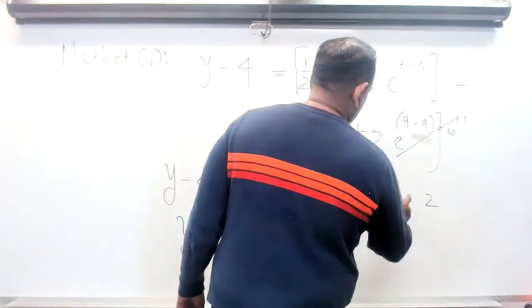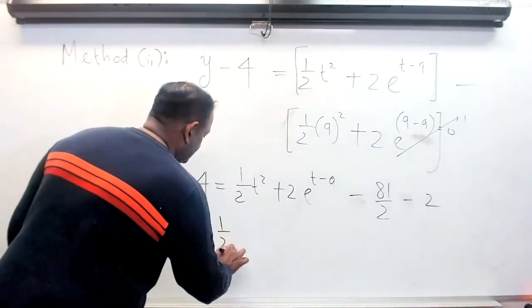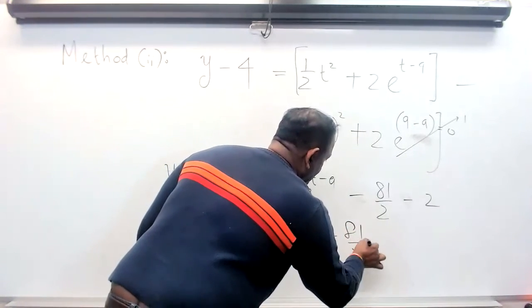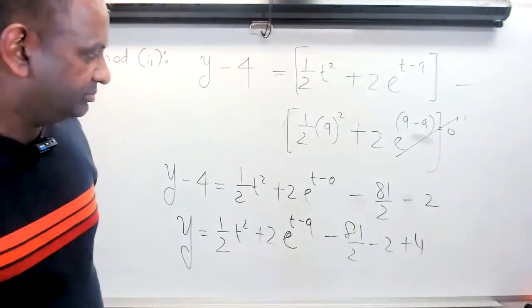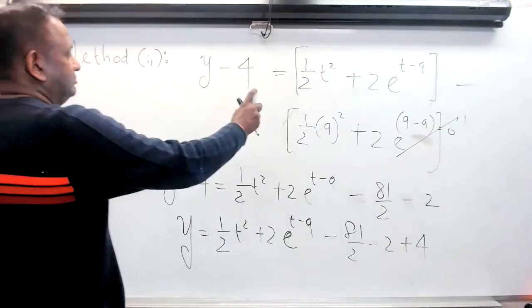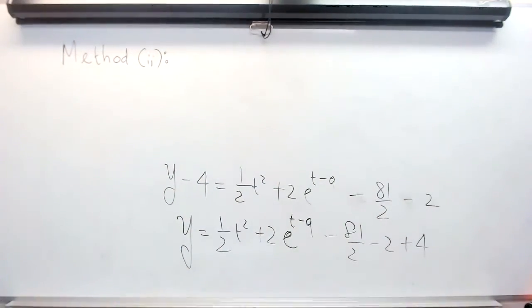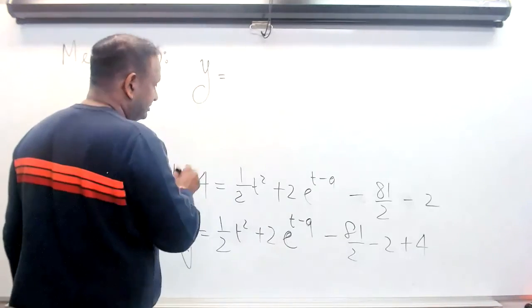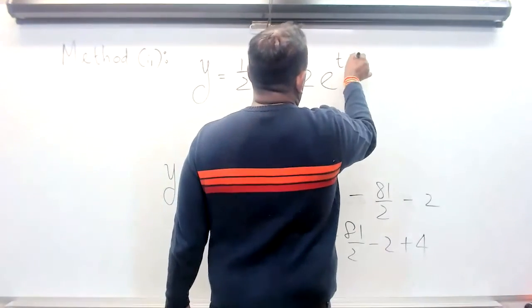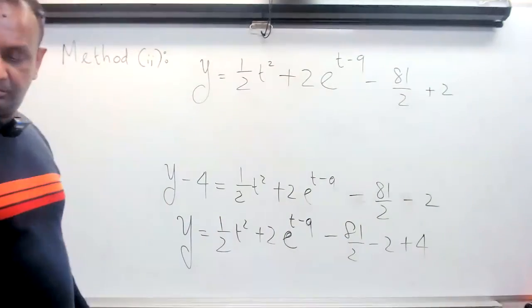So y = 1/2 t squared + 2e^(t-9) - 81/2 - 2 + 4. Let's simplify a little bit.